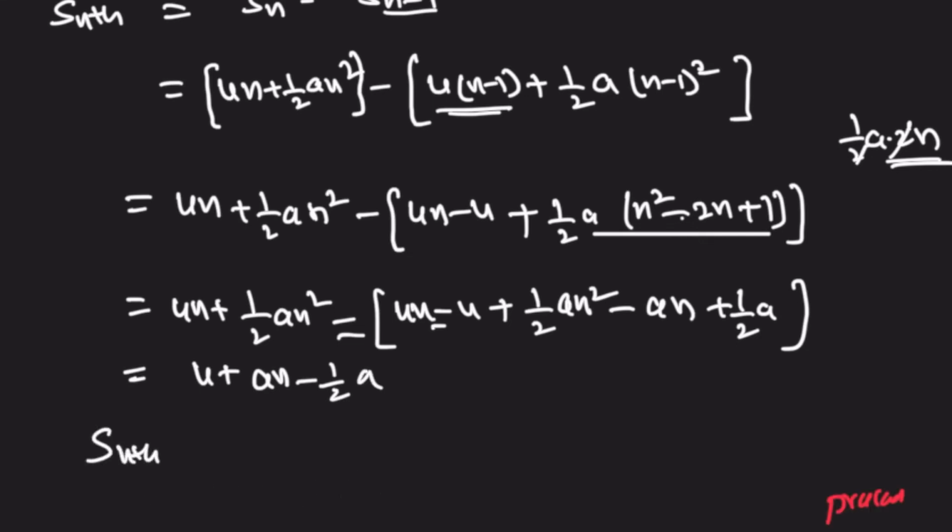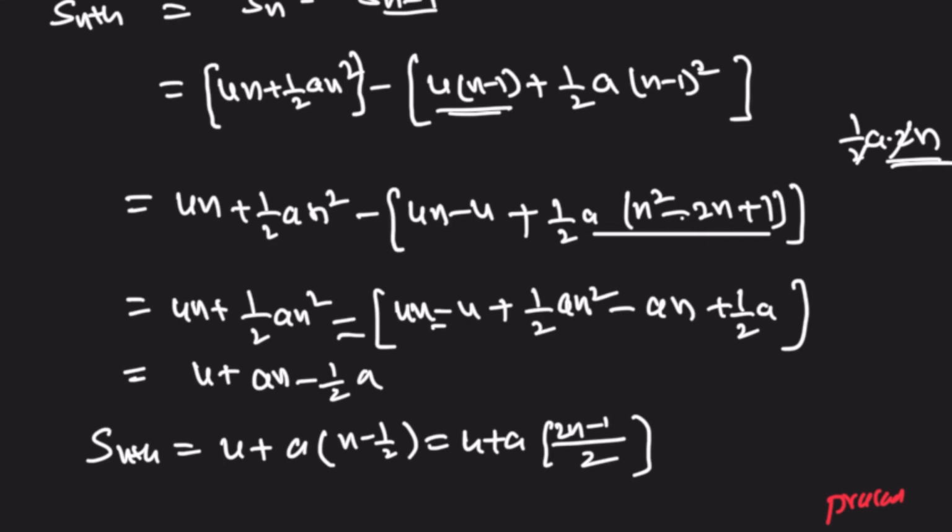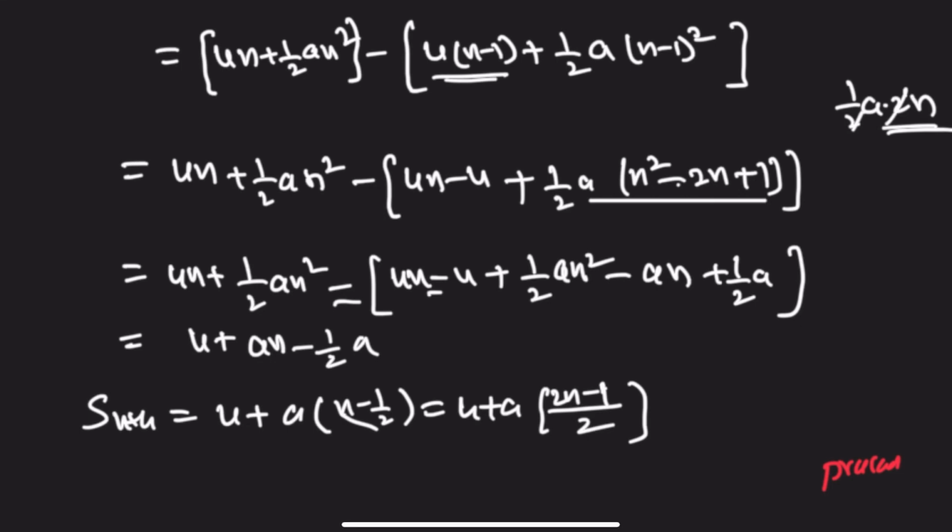So Snth is equal to u plus, I take a as common, then it becomes n minus half. Suppose I take LCM 2 in the bracket, then it is 2n minus 1 by 2. So Snth is equal to u plus a into 2n minus 1 by 2.